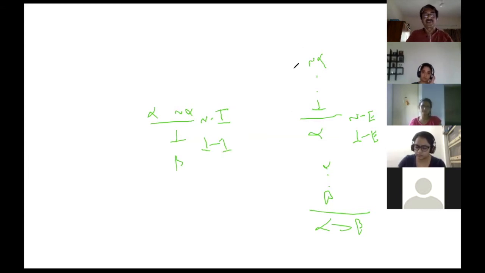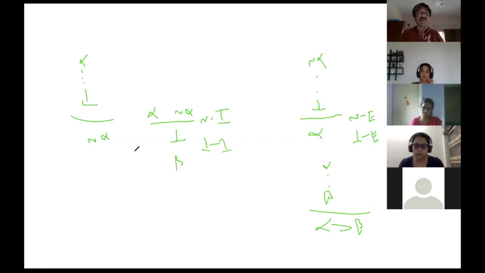This is the reductio that we have. Now, some people will use this for negation elimination, and for negation introduction, from alpha I get bottom, then this is negation. As I said, lots of variations are there. We can choose some particular combination and go ahead. They are all sound, and most of these are complete as well.